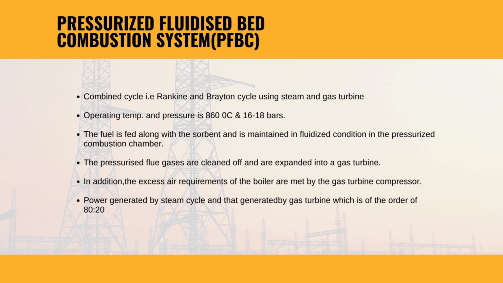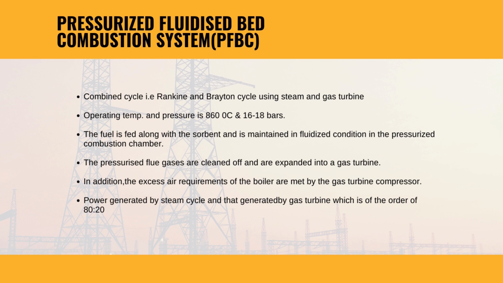The PFBC system can be used for cogeneration or combined cycle power generation. By combining the gas and steam turbines, electricity is generated more efficiently than in a conventional system. The overall conversion efficiency is higher by 5 to 8%. Operating temperature is 860 degrees Celsius.